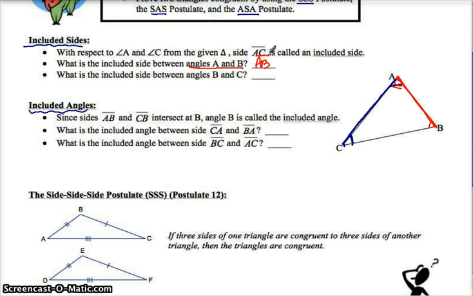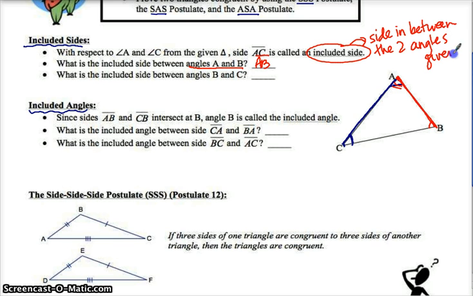So segment AB is the official included side. Another way you might think of this is it's the side in between the two given angles. A and B were given, therefore the included side is side AB.